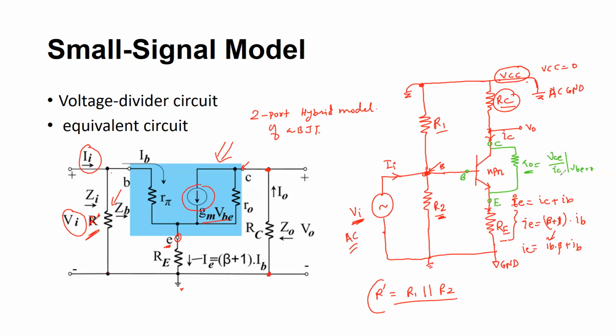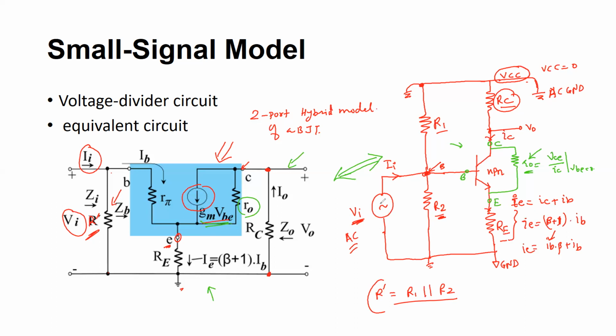And gm times VBE is the collector current. So this is how we have got this equivalent circuit from the actual circuit. If you are given a circuit like this, you can derive its equivalent circuit like this. And if you are given this equivalent circuit, you can model and understand that.